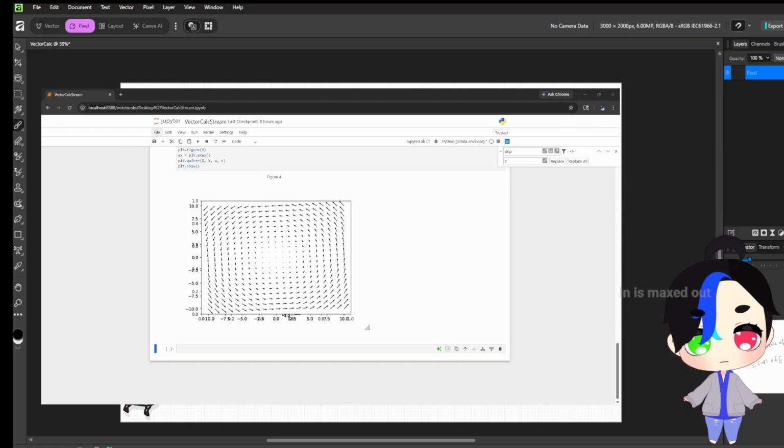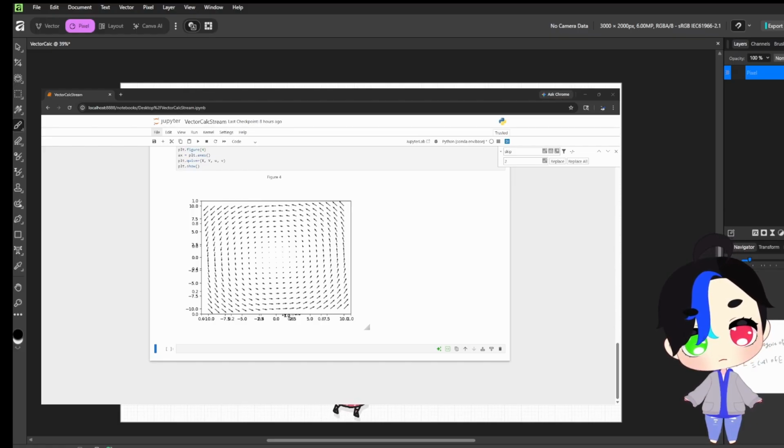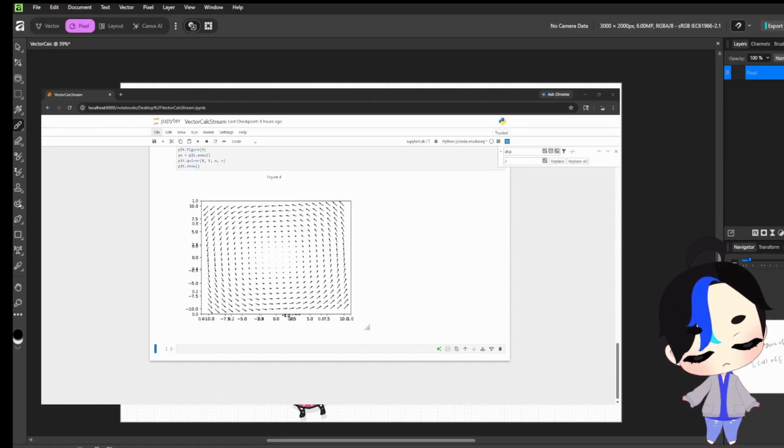So since they're not spreading out, the divergence would be 0. But the curl tells us, like the name suggests, how rotational the field is, right? So if we took the curl of this vector field, it would be non-zero. And if we took the curl of that first vector field, it would be 0.